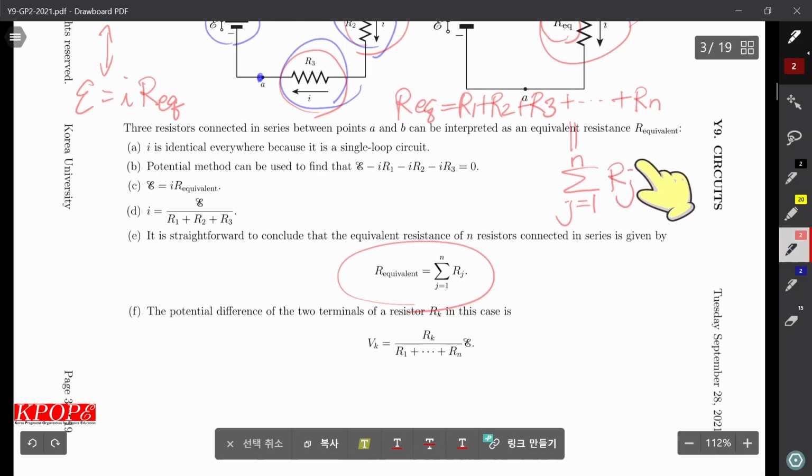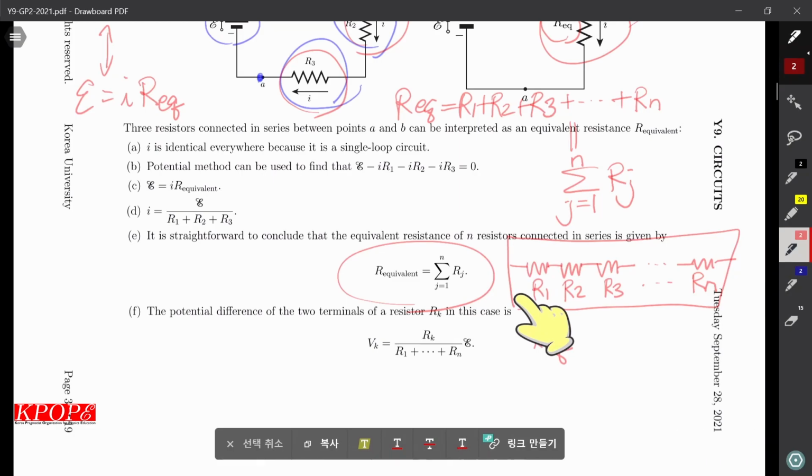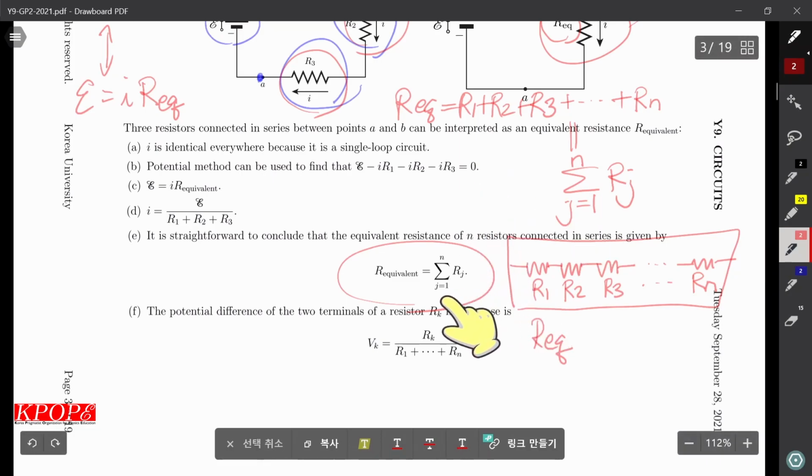Okay? So if there are n resistors with resistance R1, R2, R3 through Rn, then the equivalent resistance of the serial connection of n resistors is this.